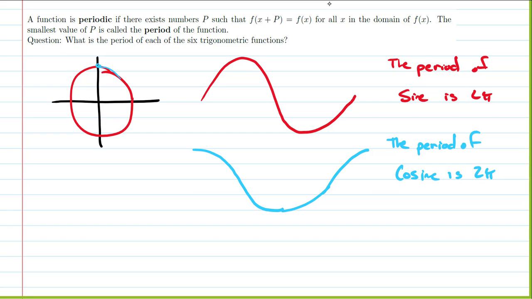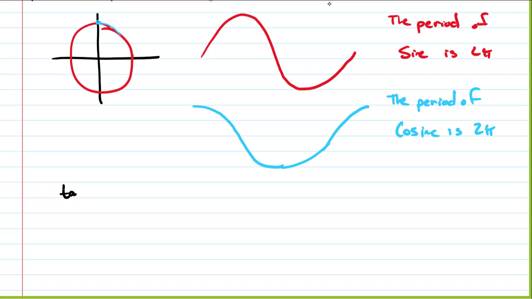Okay. So we have our sine, we have our cosine, we have their periods. So then tangent is y divided by x. Well, we're dividing by x, so that tells us that x can't be 0. Well, x is the cosine function, right?